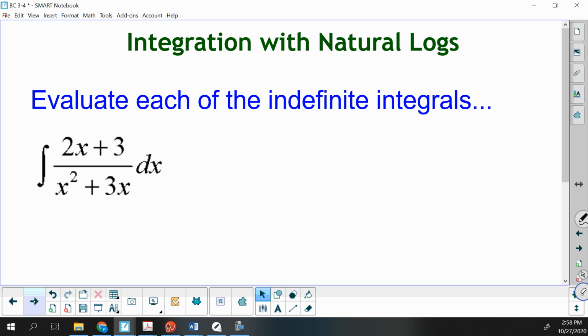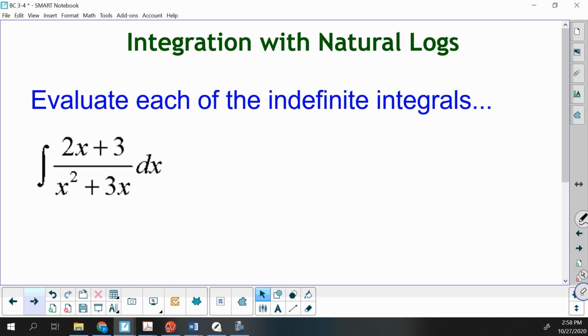All right, so let's see if we can apply that. So in this integral, notice the numerator degree is 1 less than the denominator degree. So we had derivative of stuff over stuff as our derivative with chain rule for a natural log.